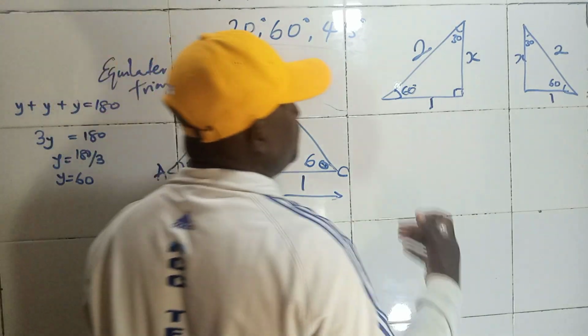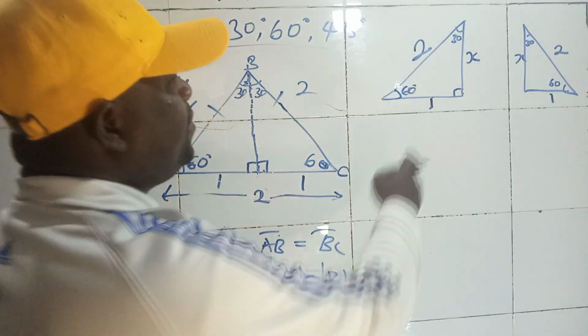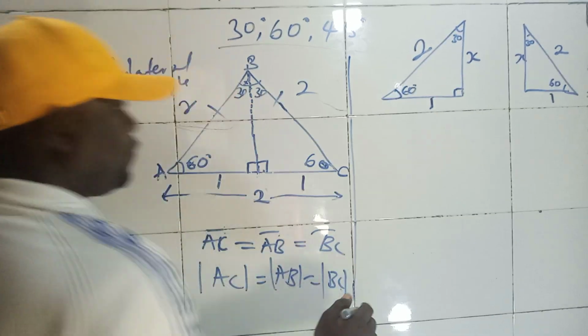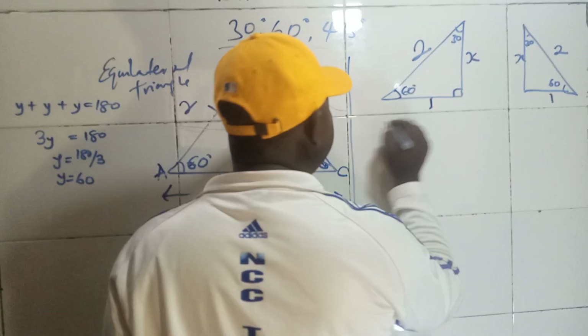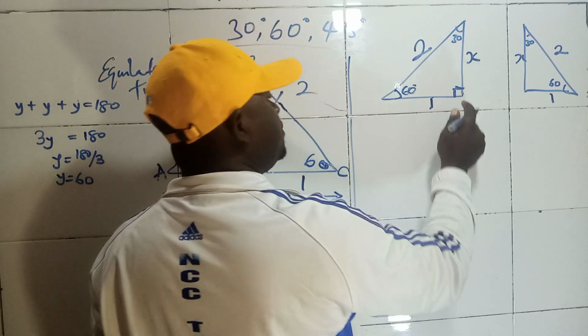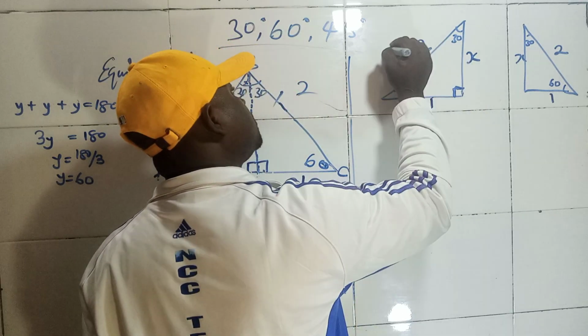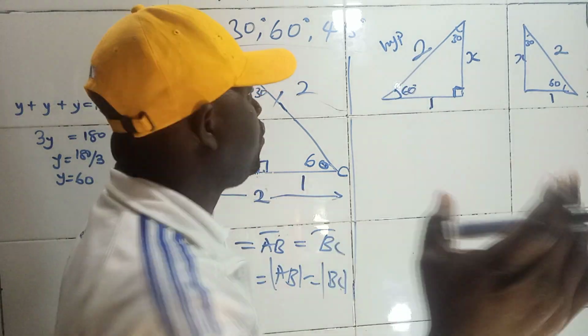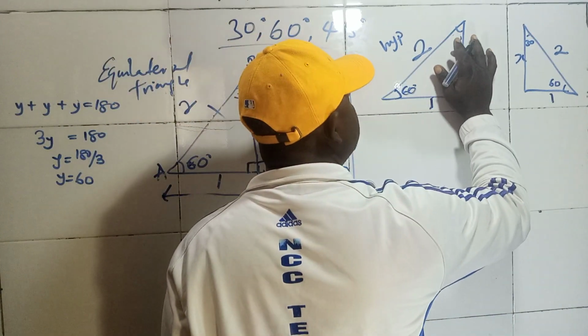So now look at it. Let's assume that I want to determine this X now. Then from Pythagoras theorem, we know that the place where the angle box is facing is called the hypotenuse. And if we want to derive the formula, we can just close our eyes on this.